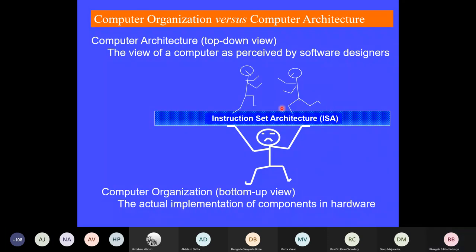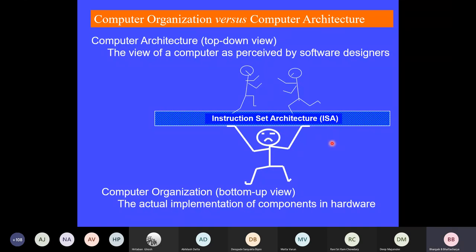So you are concerned with the instruction set architecture alone, that means the behavior of the machine as perceived by the software engineer. Computer architecture is the top-down view, the view of the computer system as perceived by software engineers.